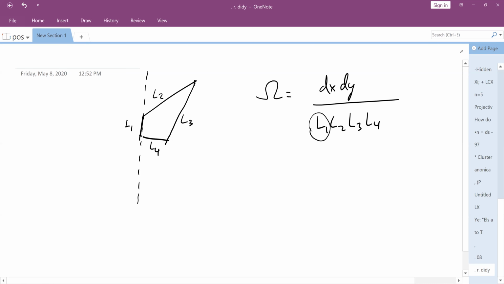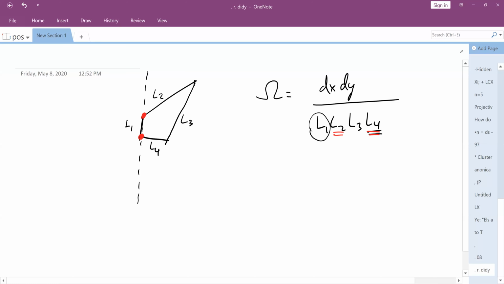Now where on this line can I have other singularities? I can have a singularity when L4 goes to 0. Well, the singularity where L1 is 0 and L4 is 0 is just that point. That's fine, that's part of the geometry. Similarly, I can have another singularity where L2 goes to 0, and that's also fine.